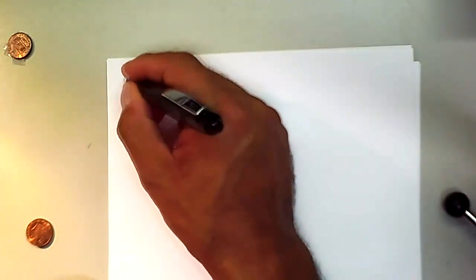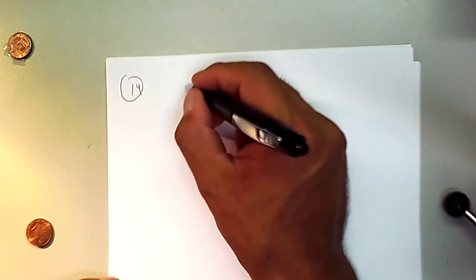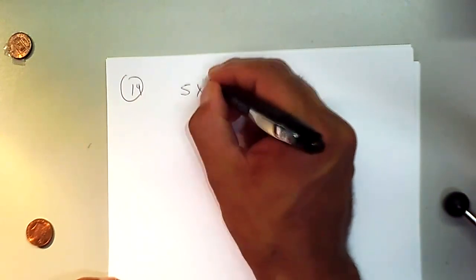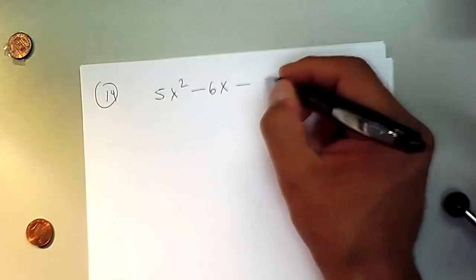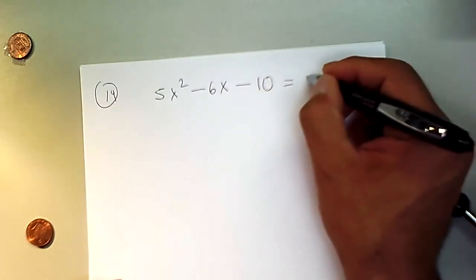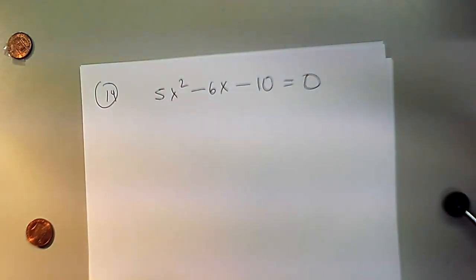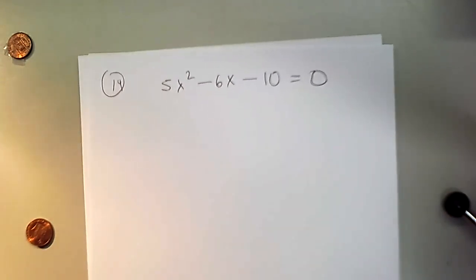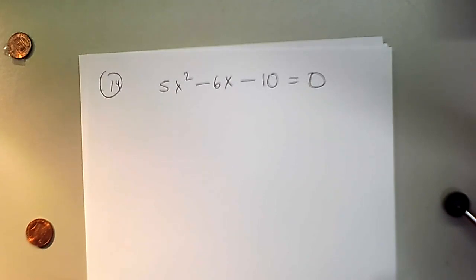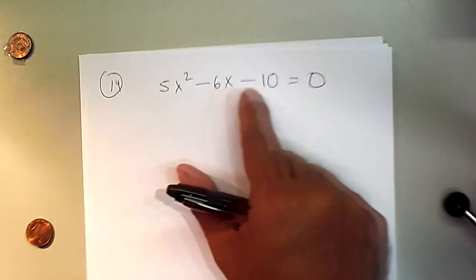So example 14, let's say we have 5x squared minus 6x minus 10 equal to 0. There. I just made this up. I don't have an idea of what the solution is. So factoring, well, there's the 5 and the 10.